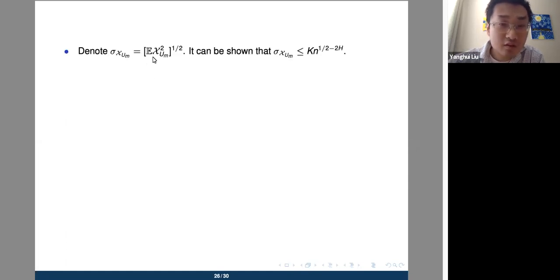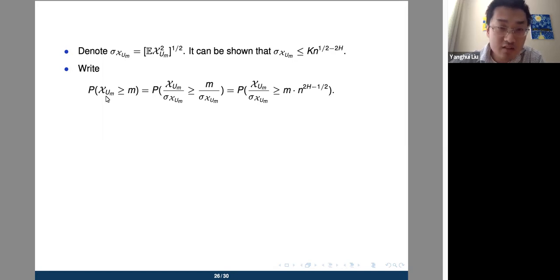Let us denote the variance of X by sigma. The variance can be bounded by k times n to the 1/2 minus 2h. This can be obtained by a straightforward computation. It's a little long, but it's straightforward. You can get this bound.